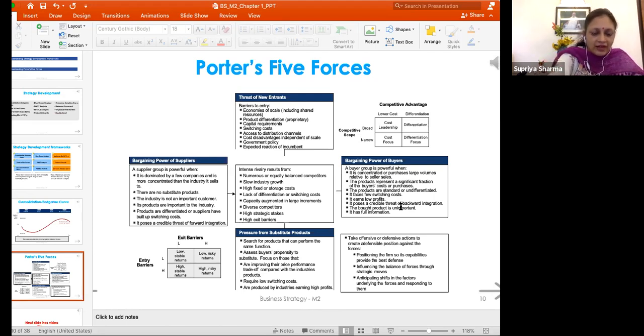So if I look at this whole framework, somewhere I will know where my competition is, how much competition there is, where I am, and what advantage I should build. What uniqueness, what differentiation I should build in my model so that I remain competitively advantageous. What is my competitive scope?